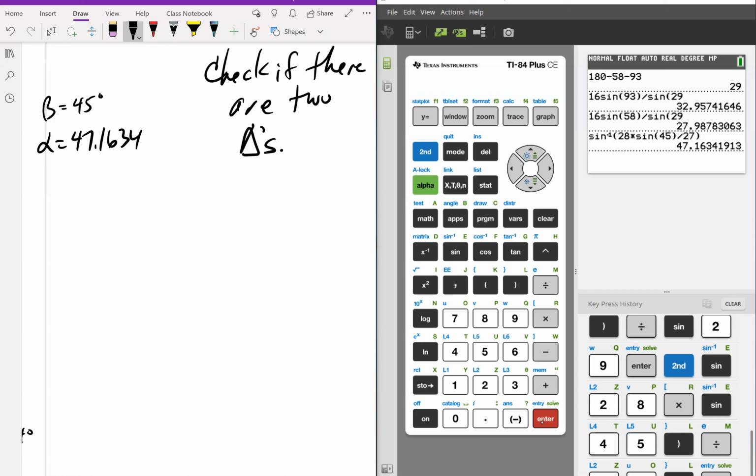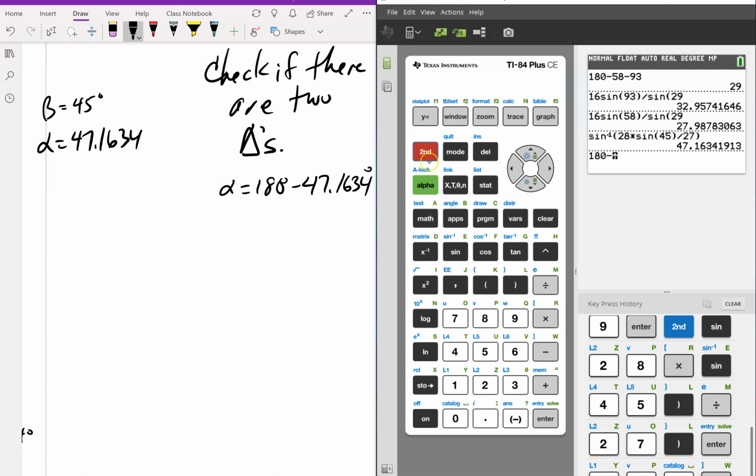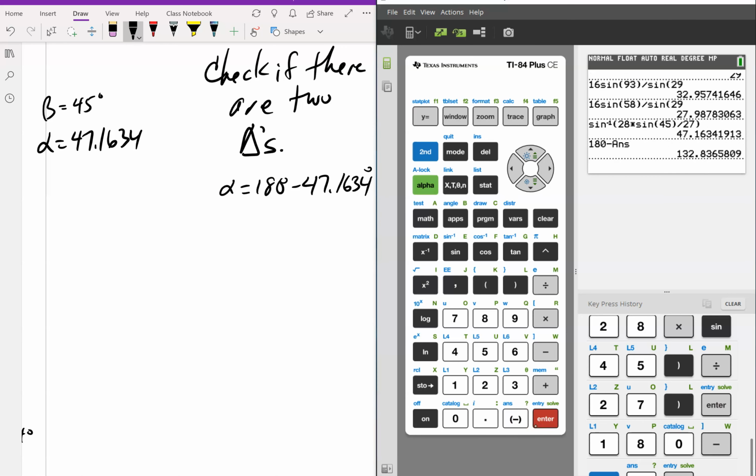That's important. The way we check is that we take the alpha and do 180 minus 47.1634. So if I do 180 minus that previous answer, I get 132.8366.